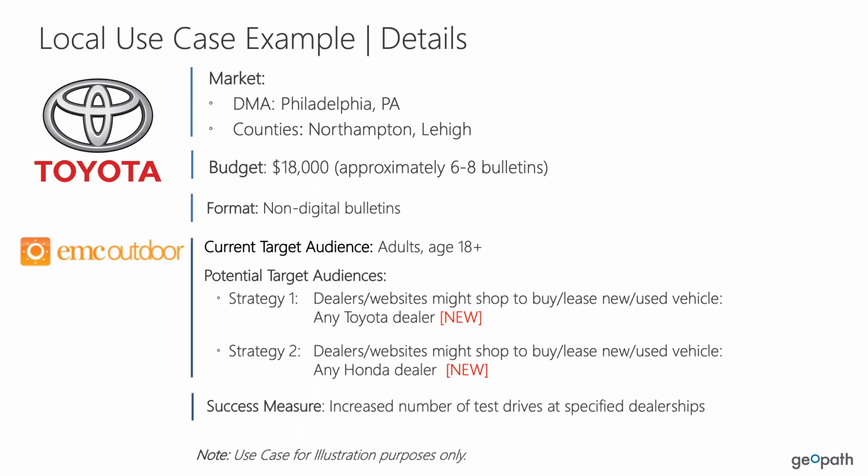Current target audience of what they currently do is really about reaching adults 18 plus. And then we have our 2 strategies about reaching those in the market for Toyota and those in the market for Honda. But the ultimate goal for the dealers is to increase the number of test drives at these dealerships. So that's the ultimate metric that we want to be measured by for this project.